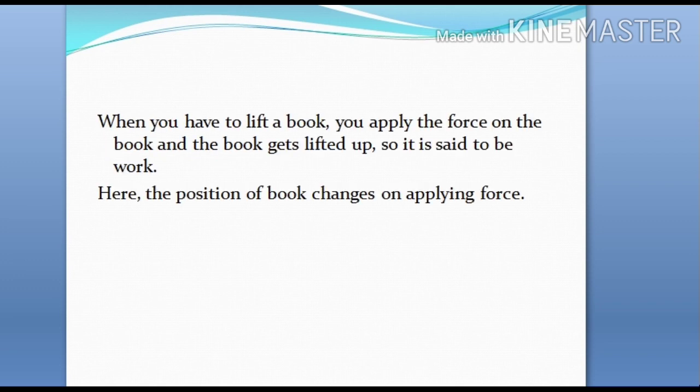Lifting of a book. When you have to lift a book, you have to apply force on it, and as a result the book gets lifted up. Here is the explanation. When you have to lift a book, you apply the force on the book and the book gets lifted up. So it is said to be work. Here the position of the book changes on applying force.